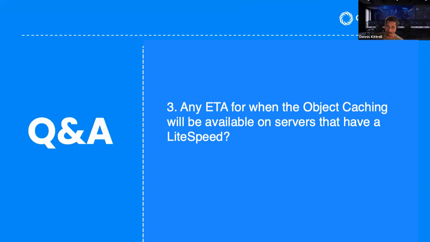We do have a lot of highly requested features, and right now it's available for Apache servers, and we're working to prioritize a lot of features right now. I do not currently have an ETA on the Lite Speed. I'm sorry, the Object Cache module support for Lite Speed web server. But as soon as we have an ETA, we'll definitely be in contact with anyone who's requested that of us, especially if they're already in the beta program.